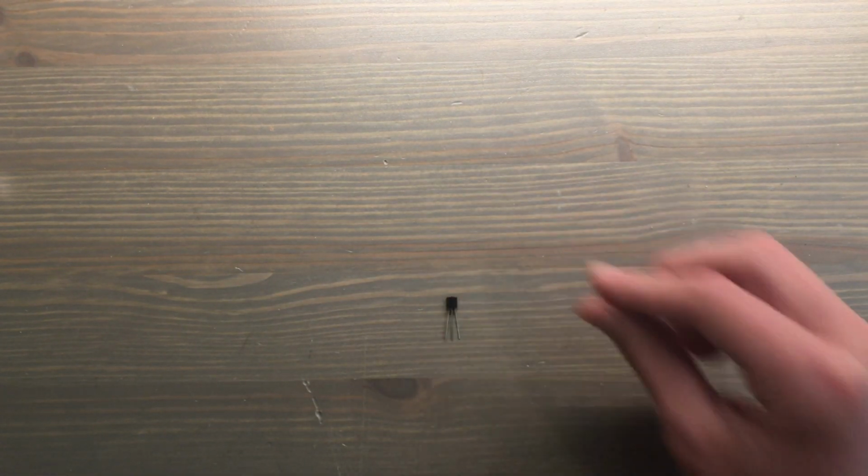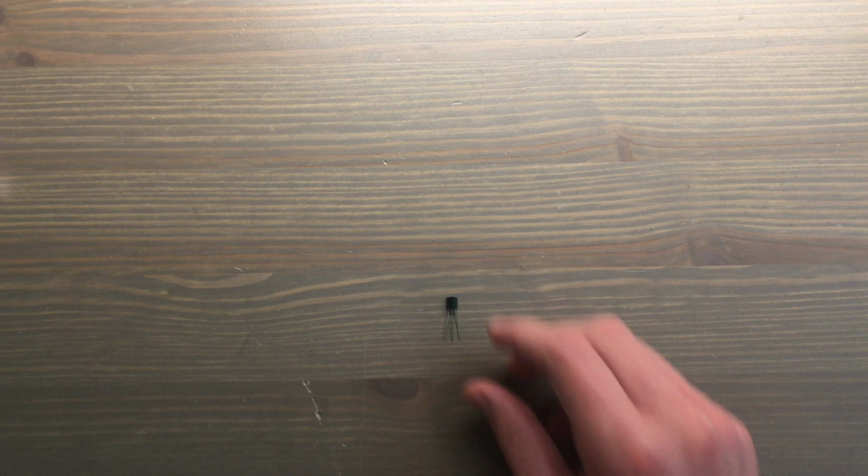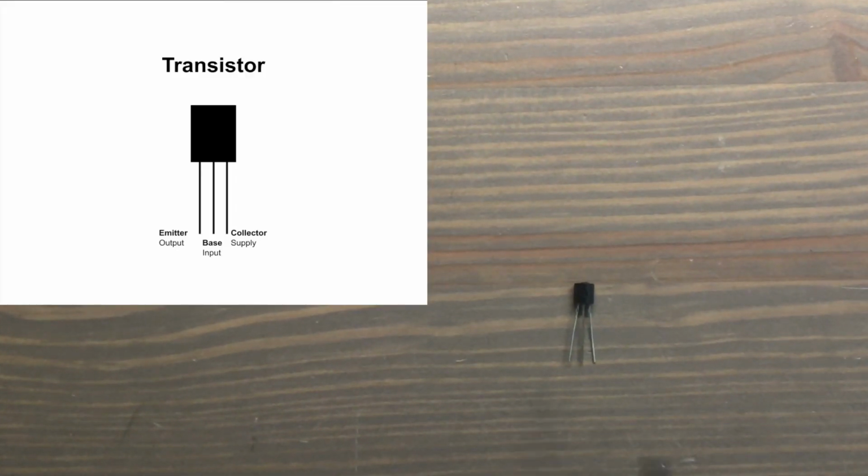So first of all, we'll start off with what is a transistor. Transistors, like this one, can be thought of as a switch for the purposes we're using them for. We have 3 pins here: the emitter pin, base pin, and collector pin.